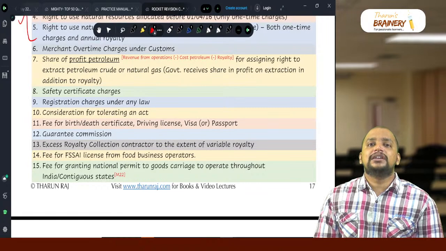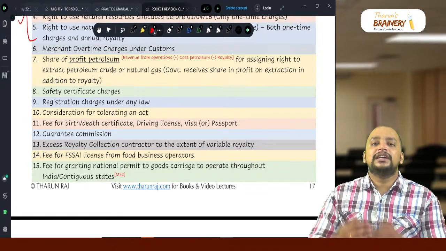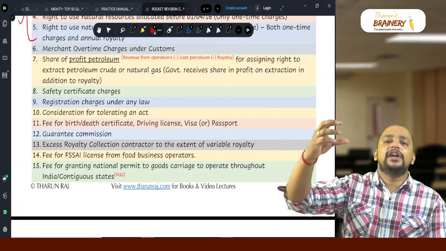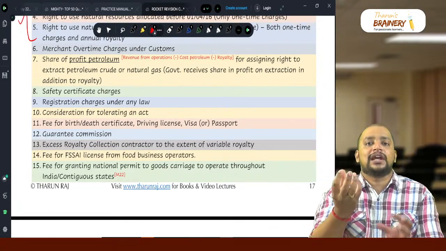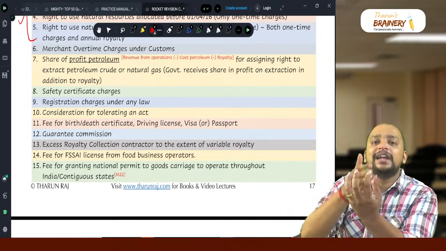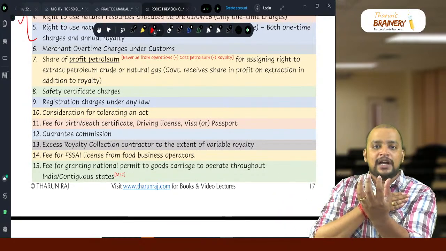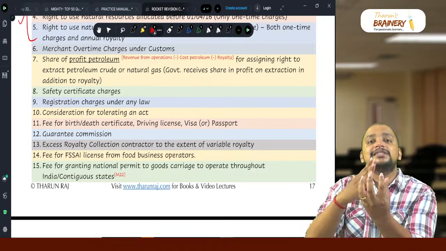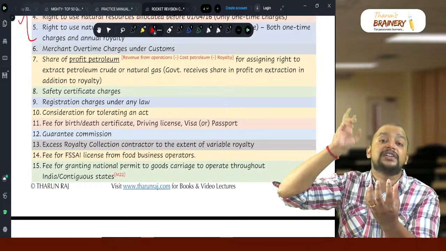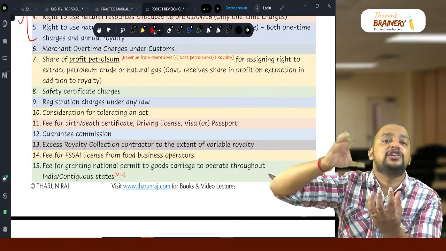Then excess royalty collection contractor. So generally government will be receiving variable royalty from the leaseholder. So they appoint one excess royalty collection contractor. That excess royalty collection contractor receives variable royalty and he will be paying fixed royalty to the government. So now in this case, that excess royalty collection contractor is required to pay GST only when fixed royalty is more than variable royalty, on the difference.